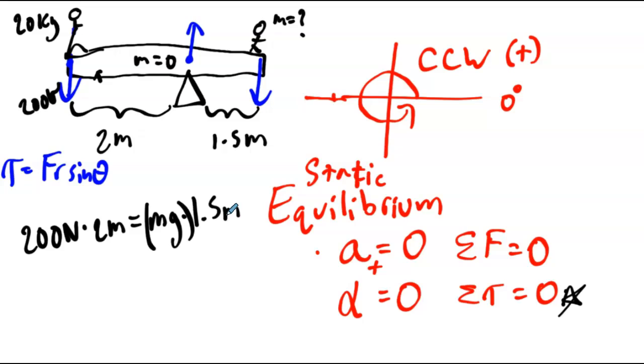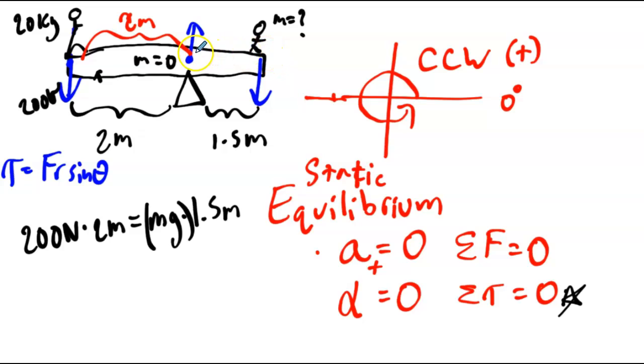Isn't half the length of the board going to be like 1.75? Well, remember for R, we're talking about the distance from our center of rotation, right? So this force is being applied in a perpendicular direction, 2 meters from the center of rotation.